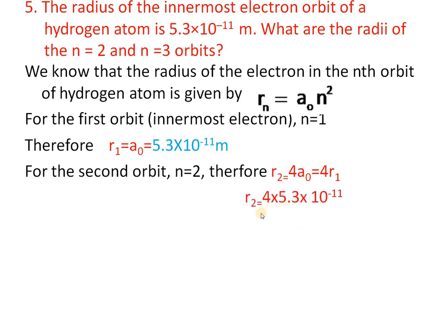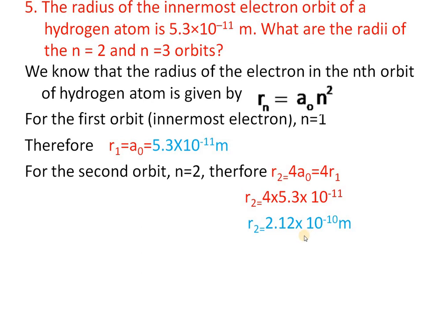Now that can be calculated very easily. R2 = 4 times a0. a0 is nothing but R1, already given in the problem, 5.3 × 10^-11. So we'll get the radius of the n = 2 orbit equal to 2.12 × 10^-10 meters. That is 2.12 angstroms.